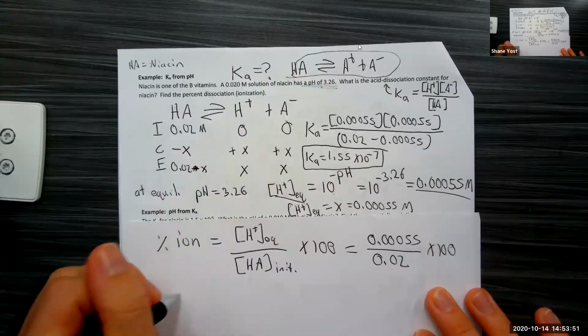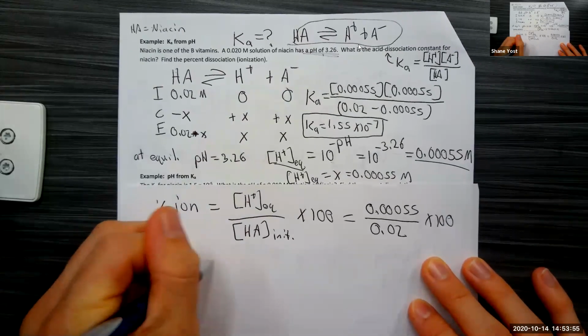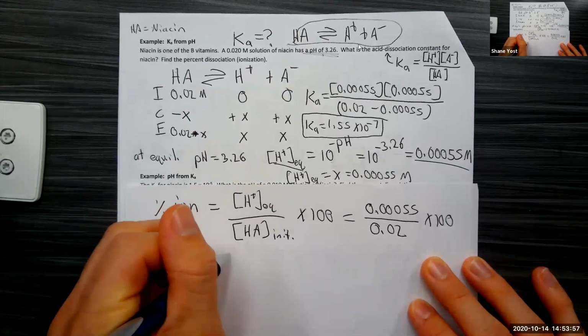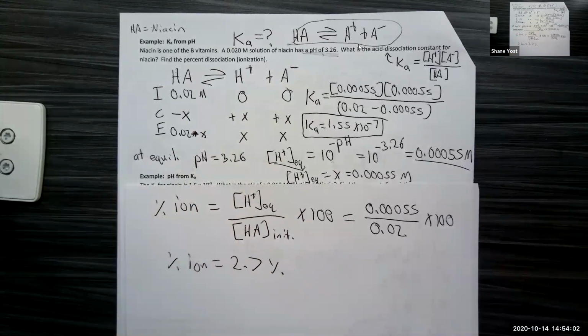The percent ionization comes out to 2.7%. For doing that, it's just remembering what percent ionization refers to: the equilibrium concentration of H plus over the initial concentration of your weak acid.